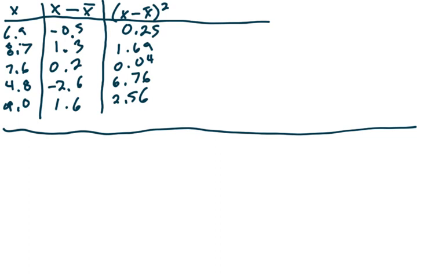Now what we can do is average these to get an average distance. I'm going to add them all up, and then I have to divide by 5. So let's add them all up real quick.